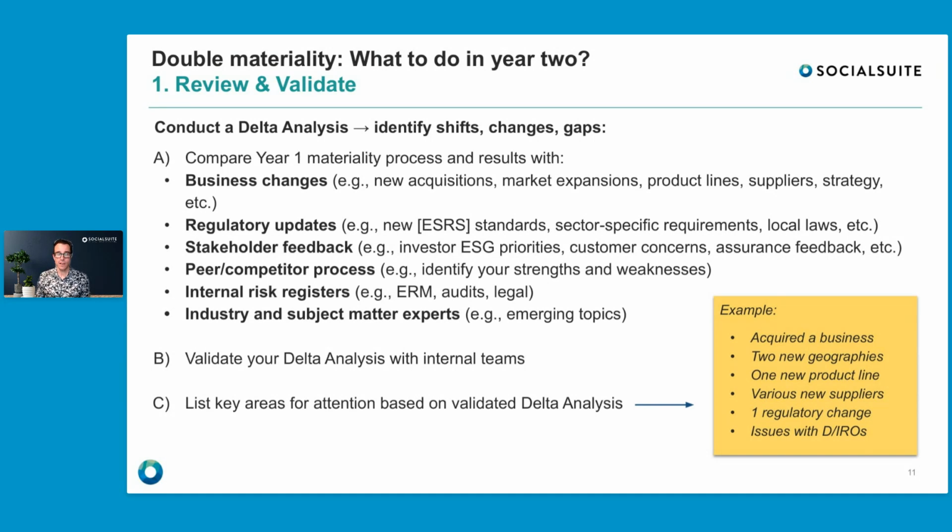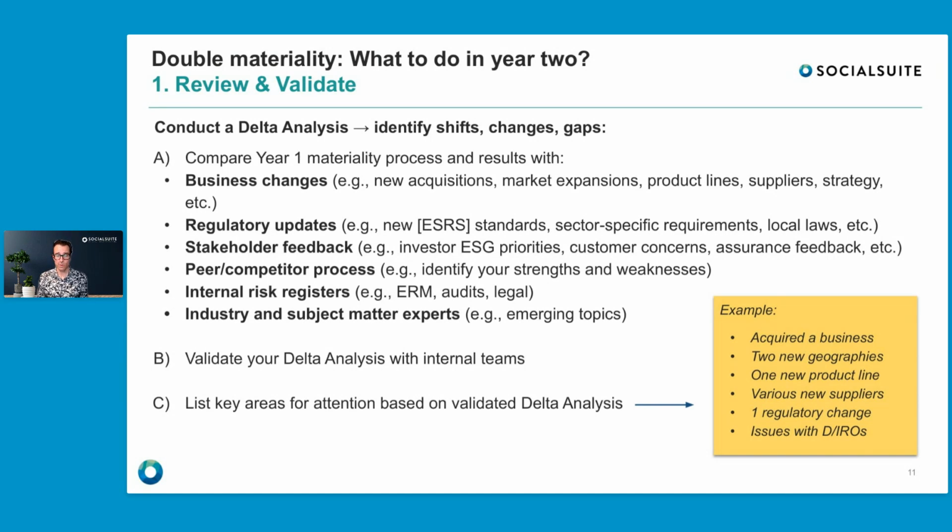Then next, look at your peers and competitors. Who are the key people in your industry that you see as your key peers? What have they done around double materiality and reporting? Look at their reports, and a lot of these CSRD reports are publicly available. So find those reports, dive into them, and read in particular that DMA section.